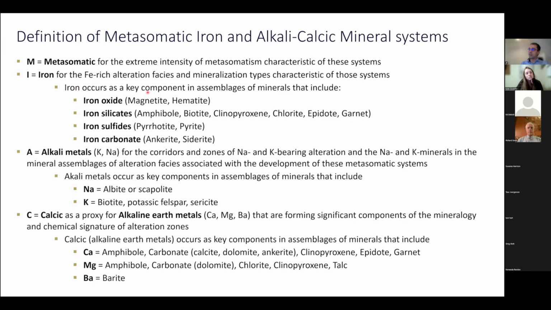But it's important to consider that in certain instances, depending on the composition of the geological sequence and the chemistry of the fluids involved, different types of minerals can form as well. Iron minerals include iron silicates. So sometimes this iron-rich metasomatic activity or alteration will be expressed as iron silicates, iron sulfides, and iron carbonates. So there will be zones of extremely strong iron oxide alteration, but there can also be an association with strong iron silicate, iron sulfide, and iron carbonate alteration.